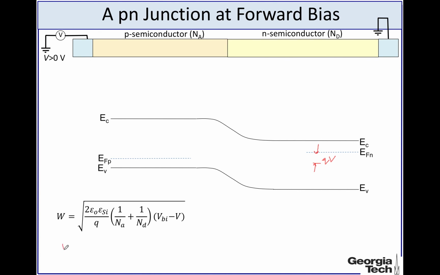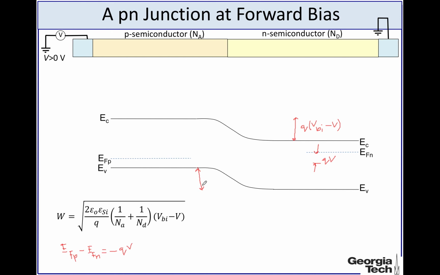So if we write it, EFP minus EFN will be equal to minus QV. All right. So now what will happen to the barrier height? The barrier height previously was QVBI, and this time it will be Q(VBI minus V). So the barrier height will decrease by an amount QV.